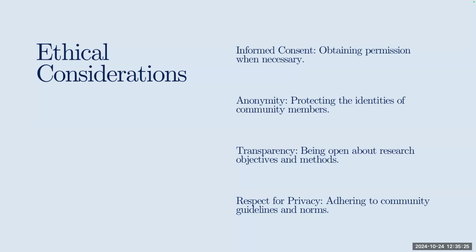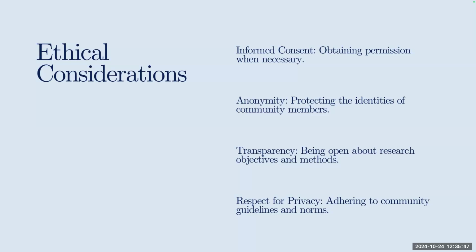Which then leads us to anonymity. It's a very big concern. Protecting the identities of community members is not just an ethical obligation, but also essential for maintaining trust within the community. As a researcher, you have to take steps to make the data anonymous.